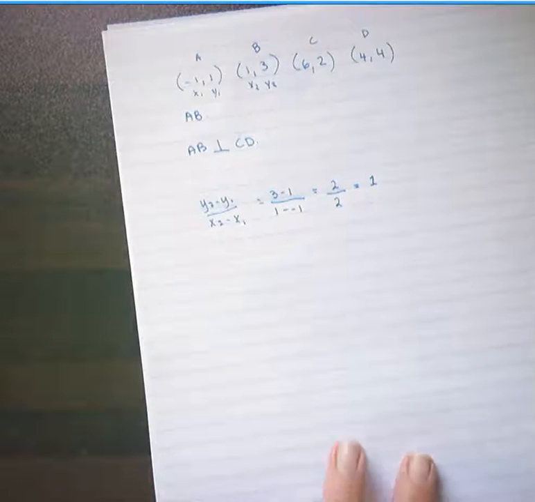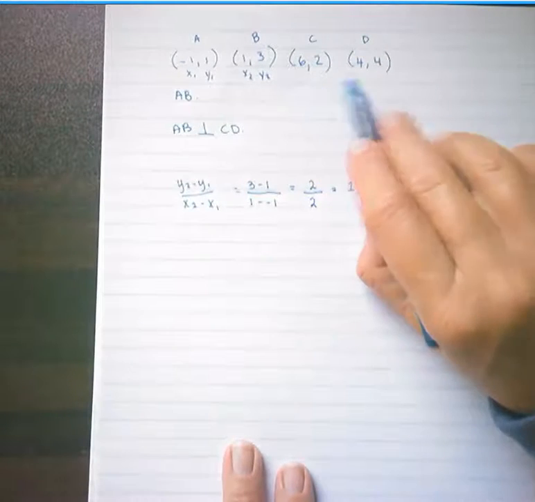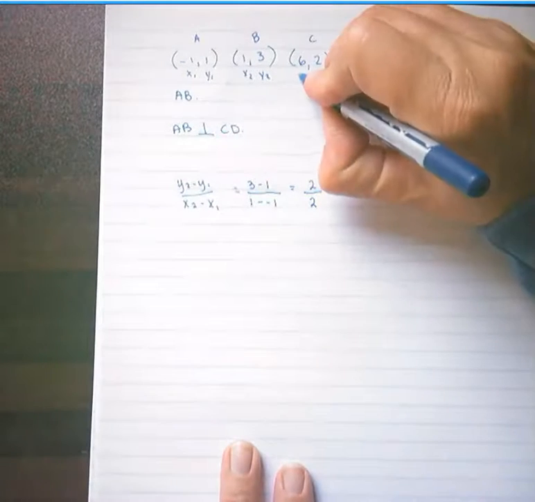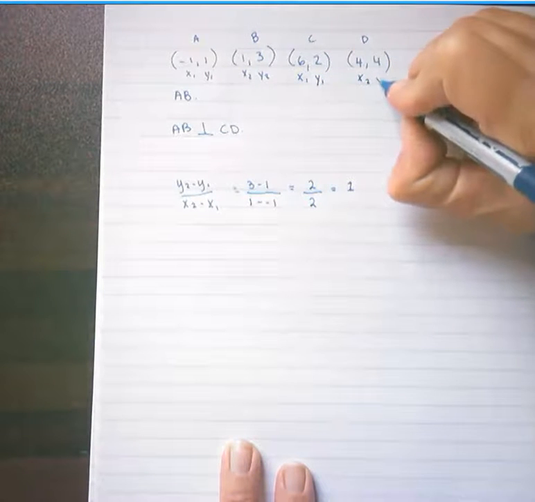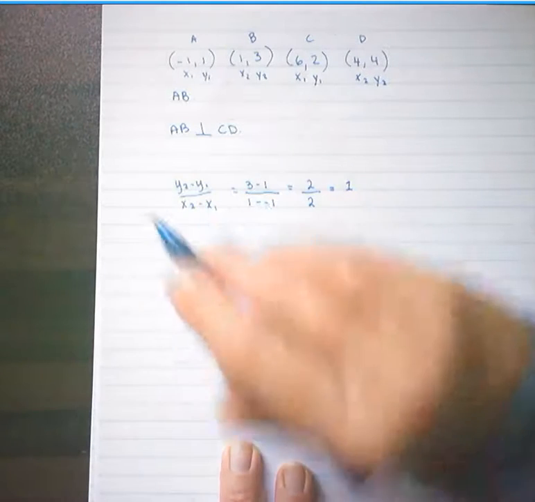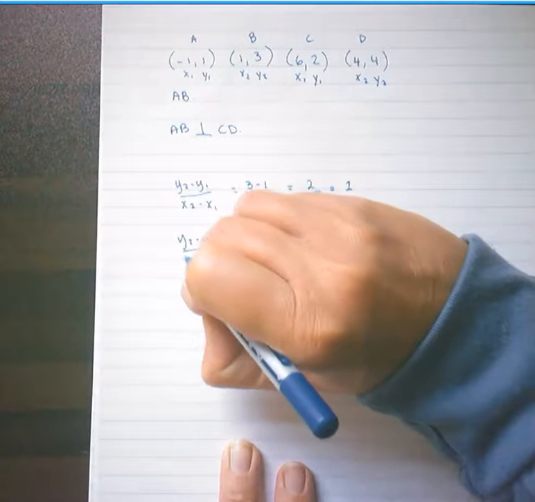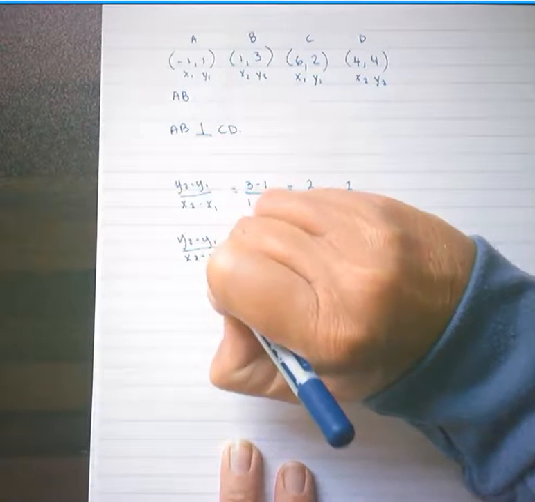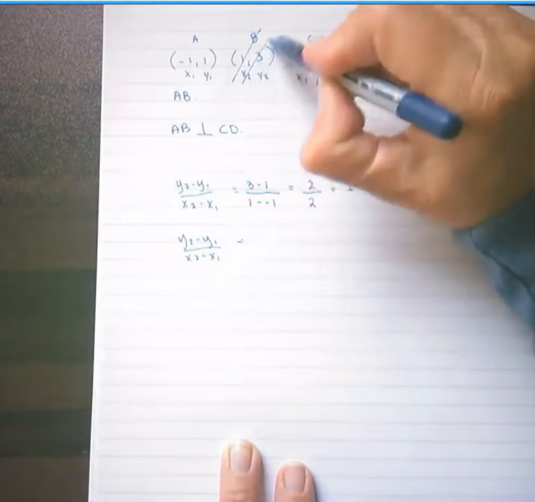Okay. You want to get the slope of CD. So again, you have your points. Label them. So x1, y1, x2, y2. Write your formula down. So you've got y2 minus y1 over x2 minus x1. Plug the values in. So we are ignoring these this time.